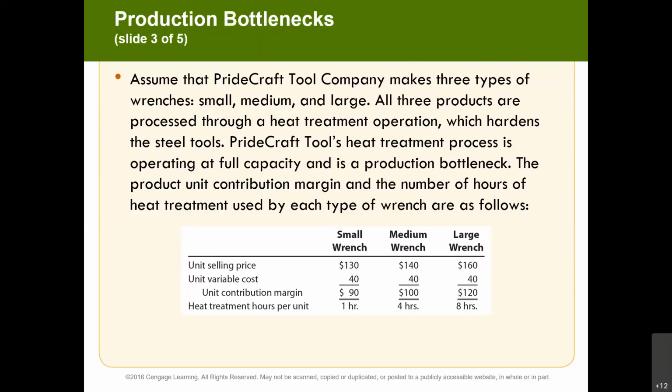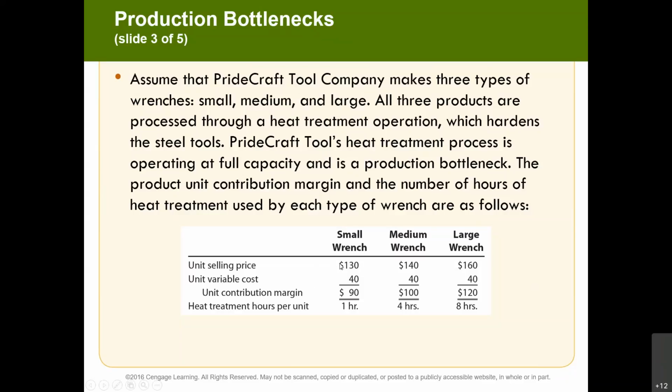The product unit contribution margin for a number of hours of heat treatment is the following. The selling price for the small wrench is $130, medium is $140, large is $160. The variable cost per unit is the same, $40 per unit. The unit contribution margin is $90, $100, and $120 respectively.